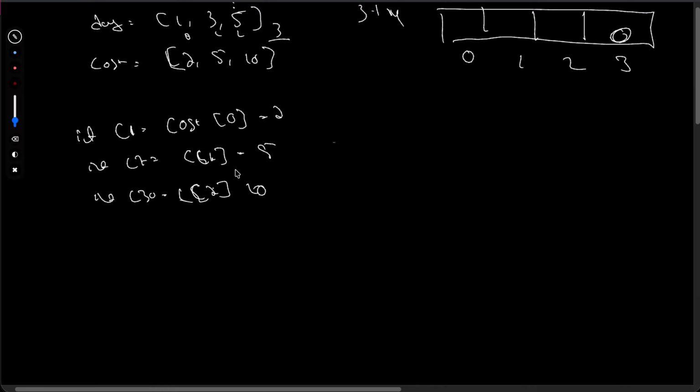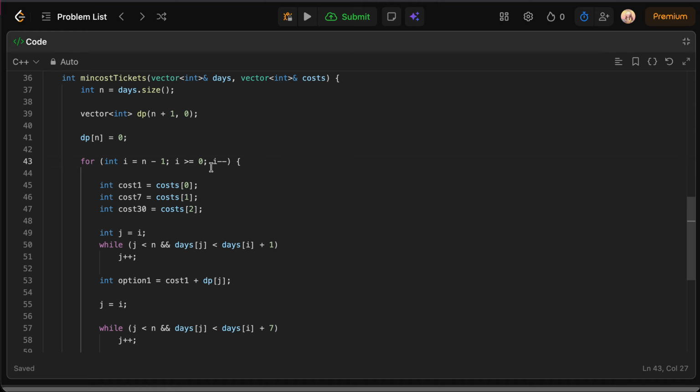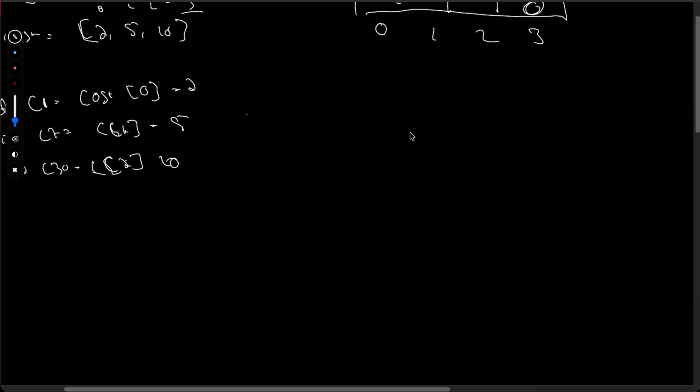So next line is int. Now you guys see these lines. Option 1, the 1 day pass covers day 5 only. The next uncovered day is j equal to 3, so option 1 is 2 plus dp of 3, which is 2 plus 0, so 2.